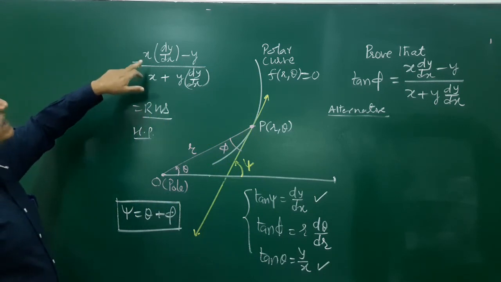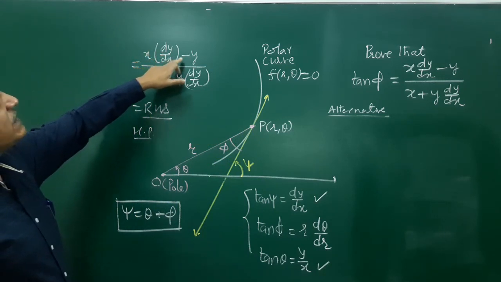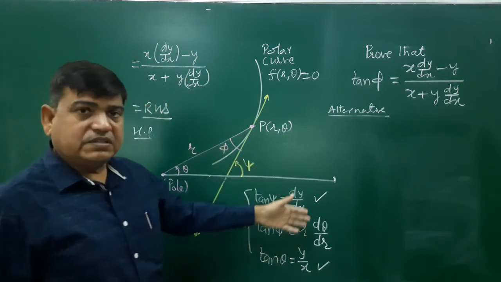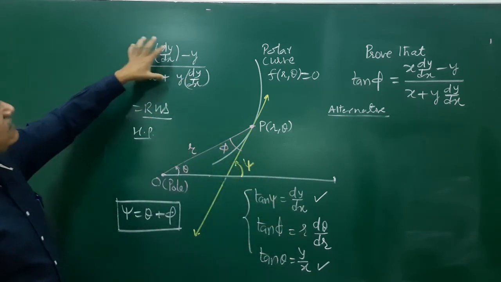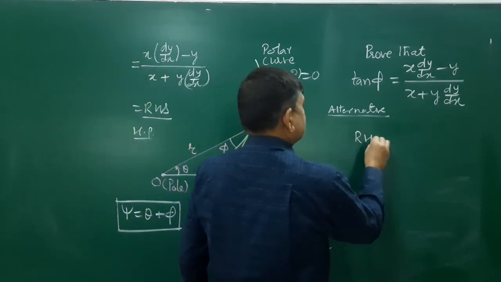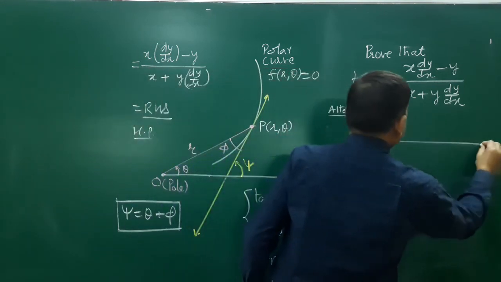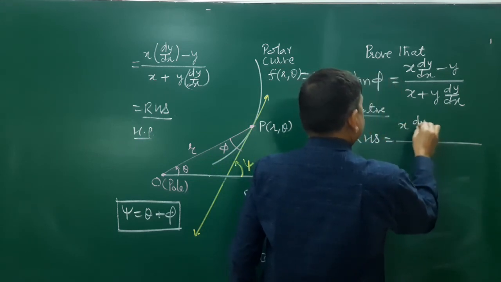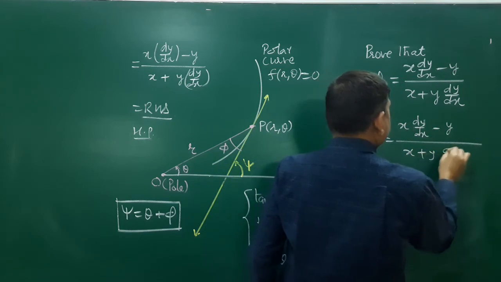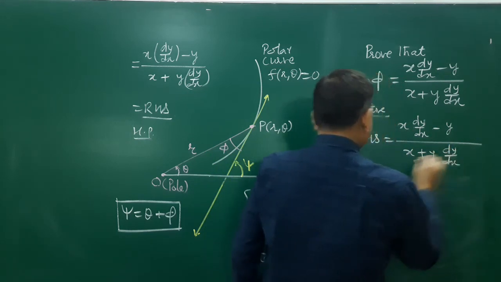If we consider the right hand side, then it is x dy by dx minus y upon x plus y dy by dx, and we know this result. So we divide this by x.